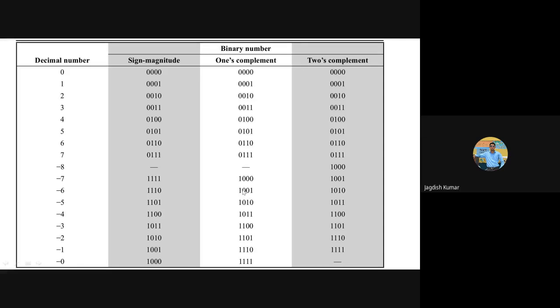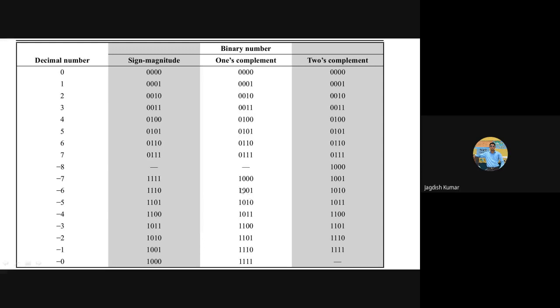Similarly, if someone asks you to write down -6 in two's complement representation, what will you do? You will take the one's complement and add 1 to this. When we add 1, 1 plus 1 will be 0 and 1 will be the carry. We will be talking about addition shortly.